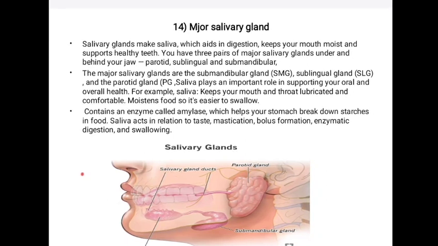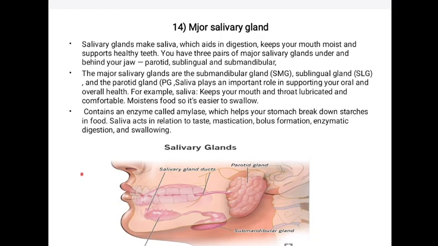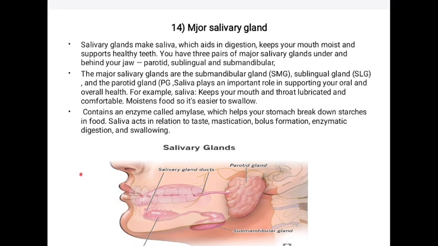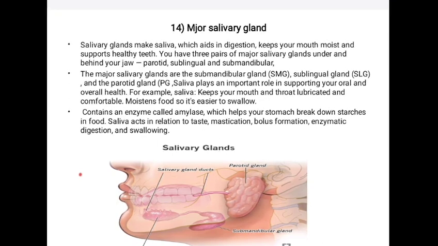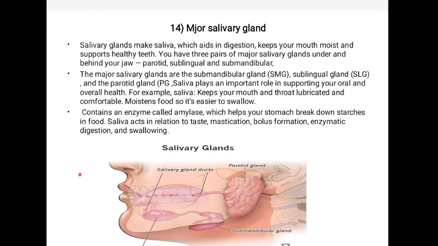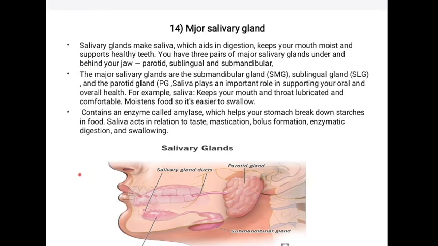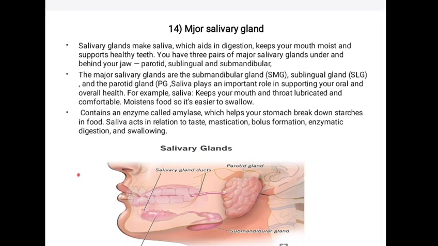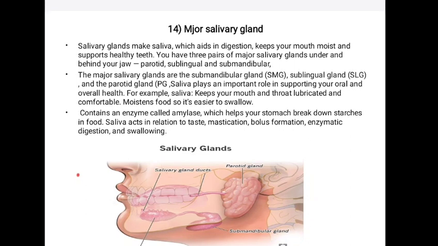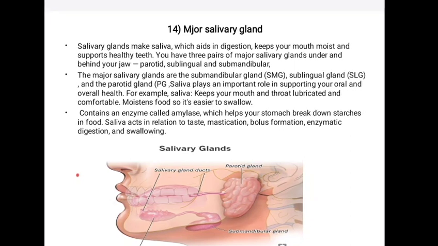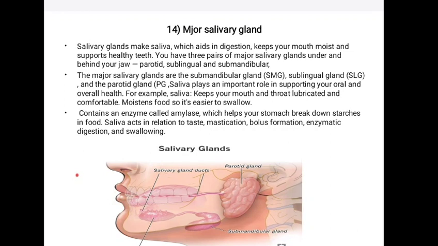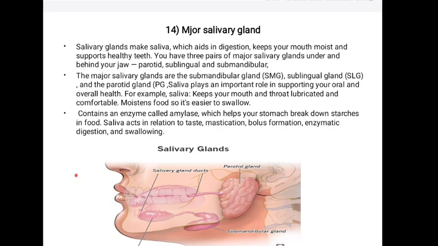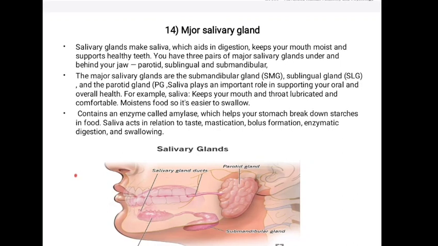Saliva plays an important role in supporting our oral and overall health. For example, saliva keeps our mouth and throat lubricated and comfortable, moistens food so it is easier to swallow, contains an enzyme called amylase, which helps break down starches in food.